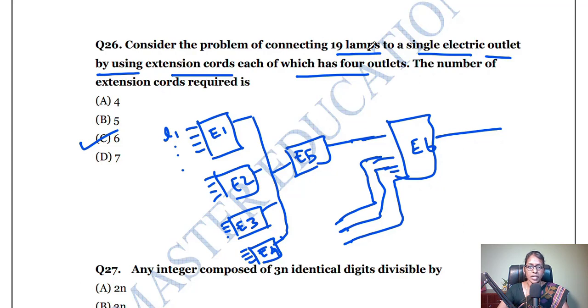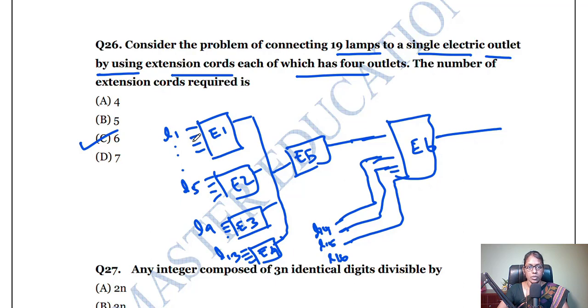So the problem is connecting 19 lamps to a single electric outlet by using extension cords, each of which has 4 outlets. This is lamp 1 to 4, lamp 5 to 8, lamp 9 to 12, and lamp 13 to 16. These lines must be connected to a single line using how many extension cords?